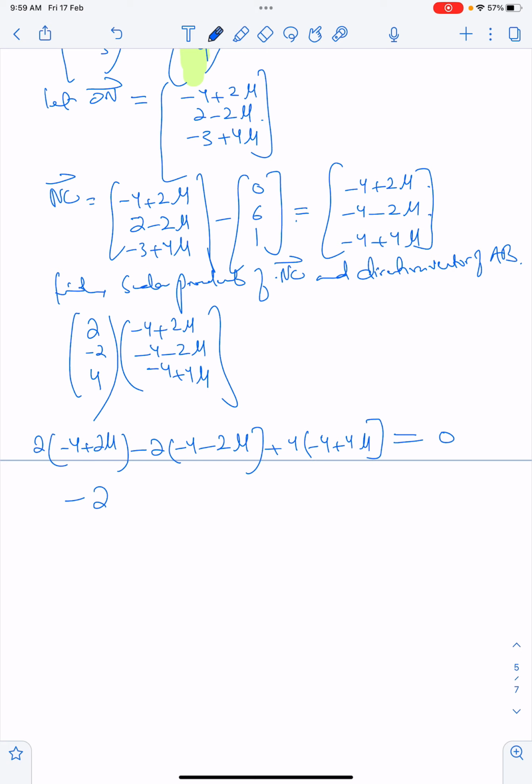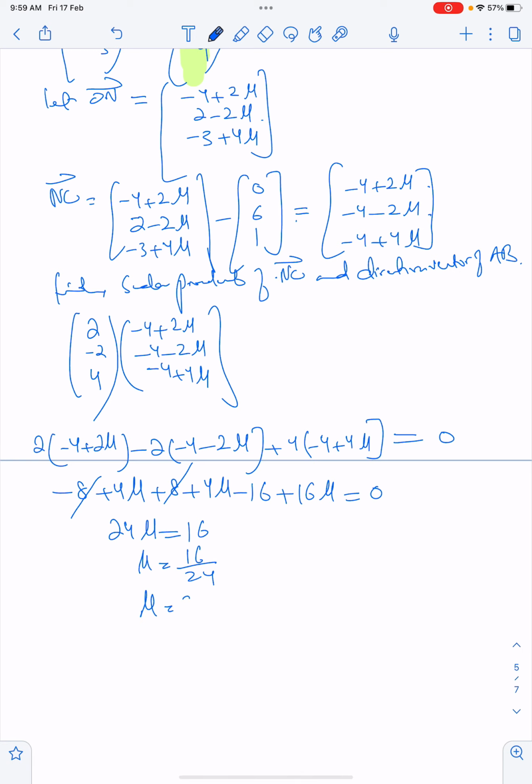Okay, so it's going to be -8 plus 4mu plus 8 plus 4mu minus 16 plus 16mu equals 0. Okay, -8 plus 8 will cancel out. 16 plus 4 is 20 plus 4 is 24mu, equals 16. Mu equals 16 upon 24, which is 2 upon 3.